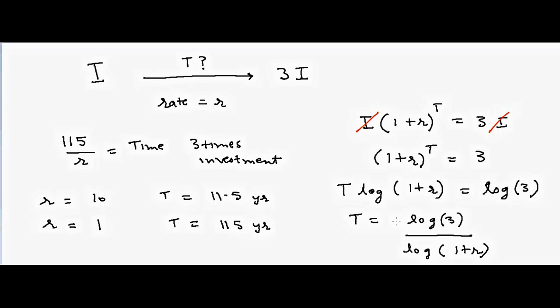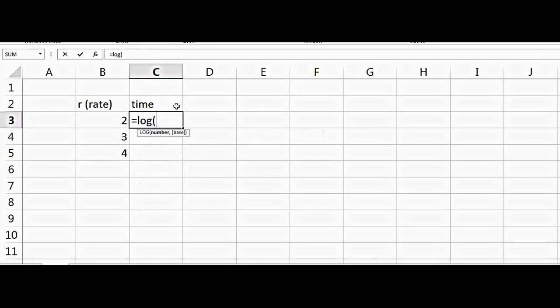If I go to Excel, I can say, suppose r is my rate, and we have the rate varies from 2, 3, 4, and our time will be equal to log of 3 divided by log of 1 plus rate, right? So this should be our time.